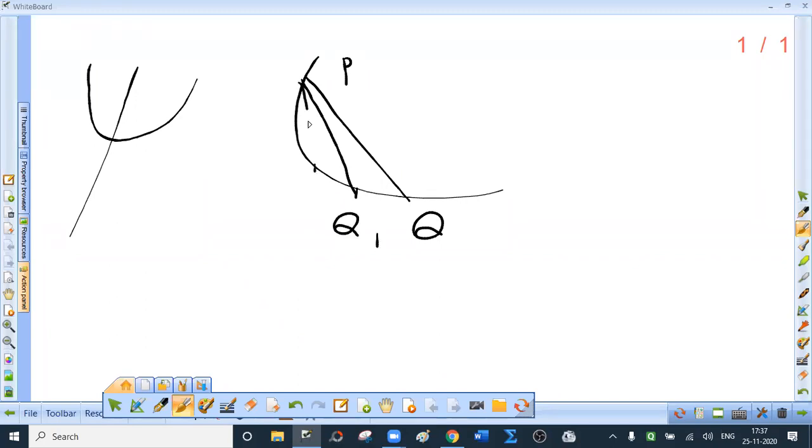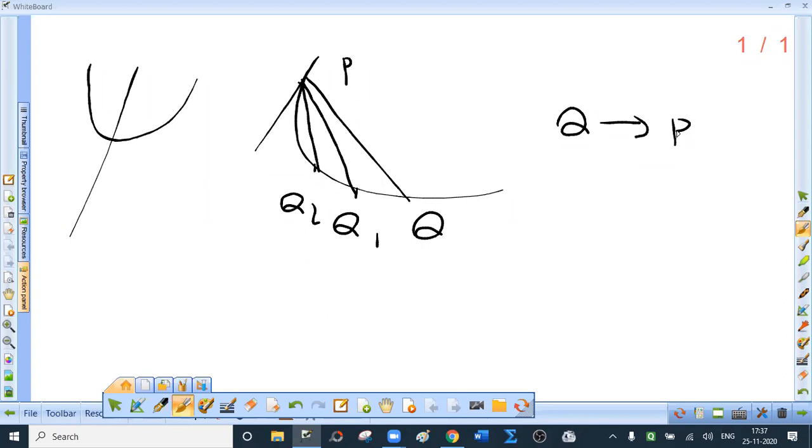The next position is this, say Q2. So as Q approaches P, the limiting position of secant PQ is what? Tangent at P. So as Q approaches P, the limiting position is nothing but the tangent at P, right? And therefore, tangent is defined as the limiting position of a secant.